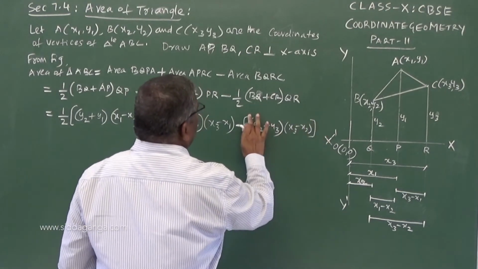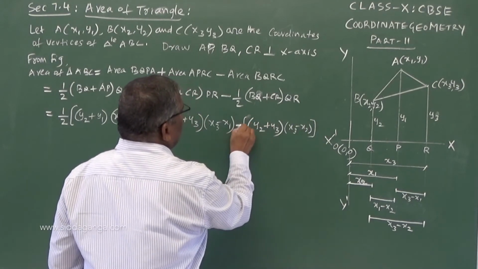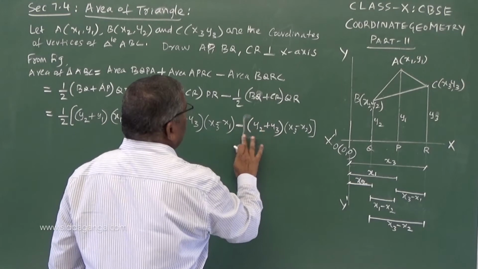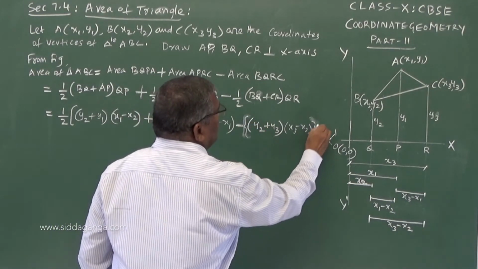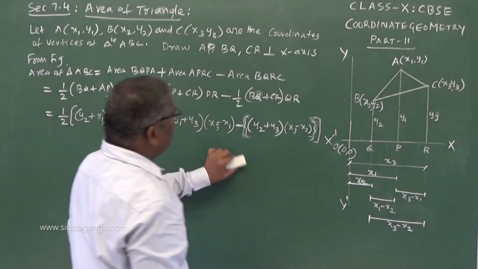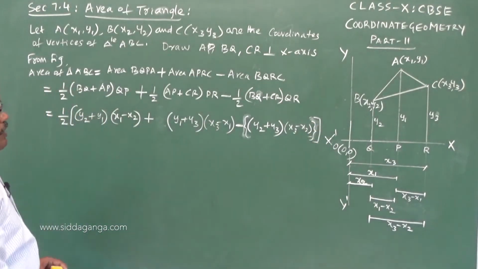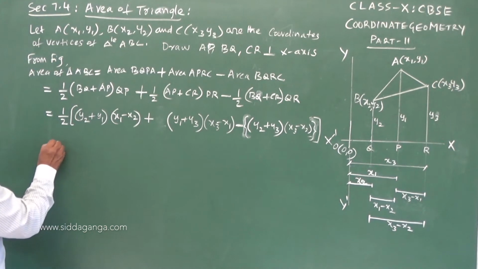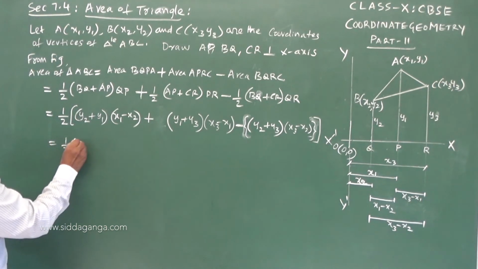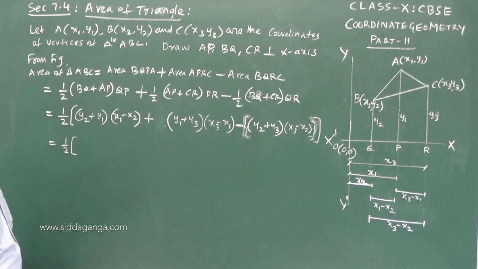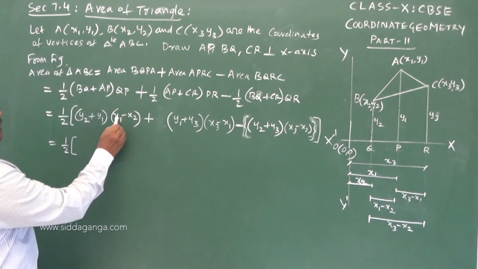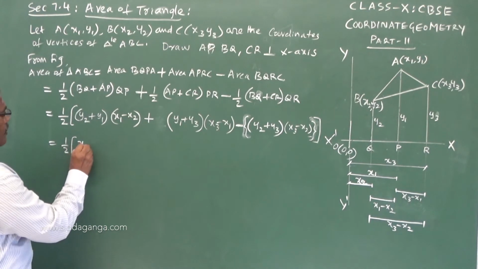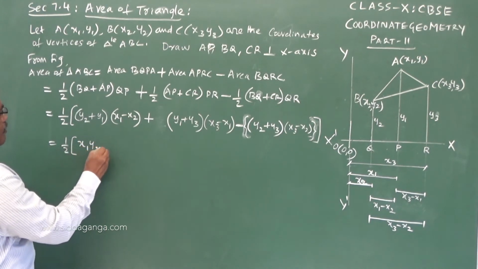Because of this minus, I have put one more bracket here. I will put it like this and close the bigger bracket. So now this equals 1 by 2 into, go on multiplying now: Y2 into X1, or I will write X1 Y2.